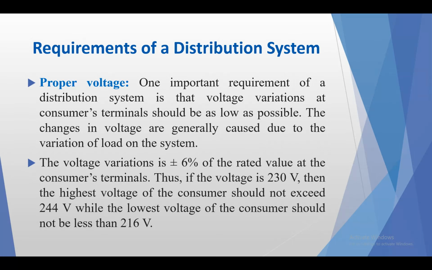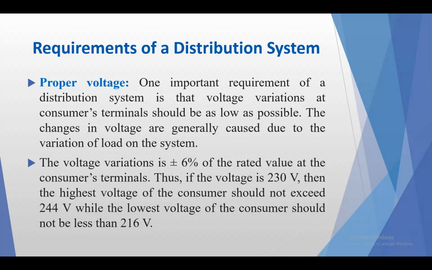The allowable voltage variation is plus or minus 6% of the rated value at the consumer terminal. Thus, if we are using a voltage of 230 volts, then the highest voltage at the consumer should not exceed 244 volts, while the lowest voltage should not be less than 216 volts. So this is the requirement of a distribution system.